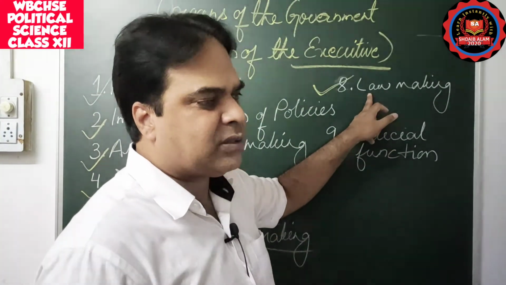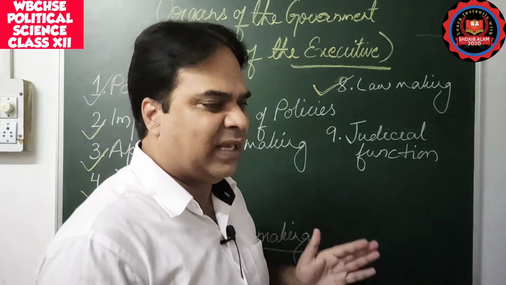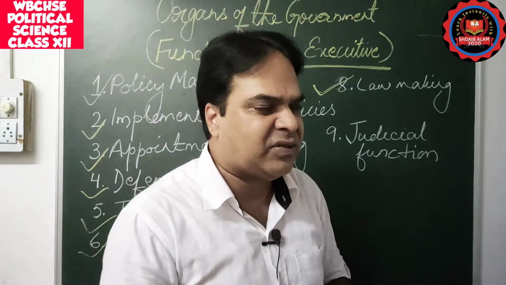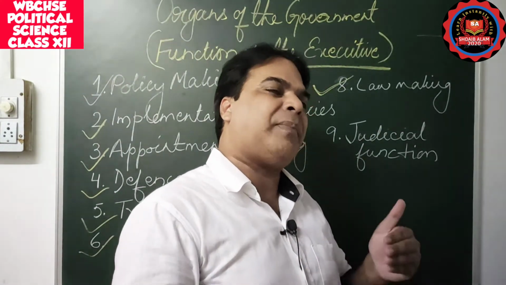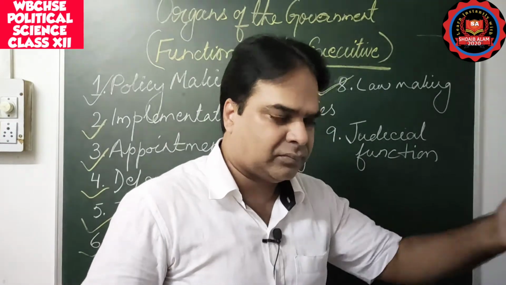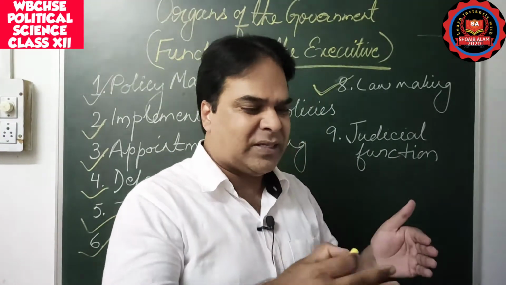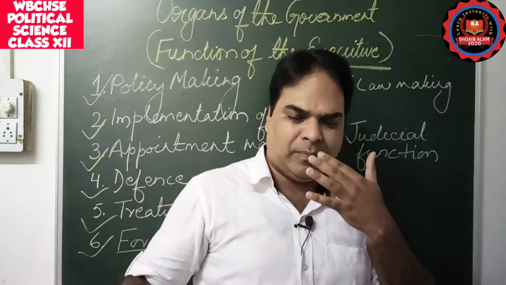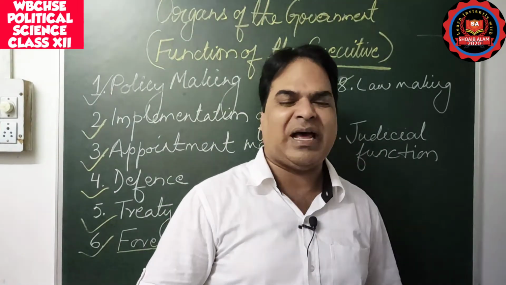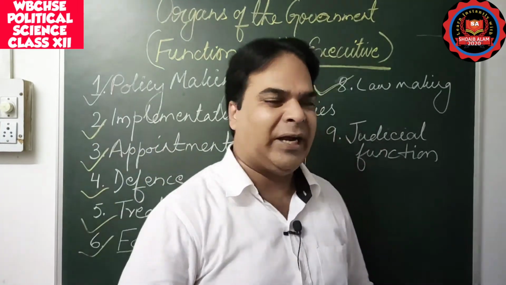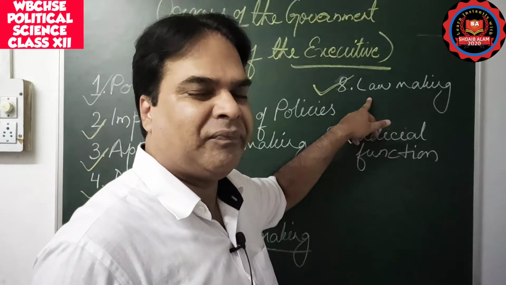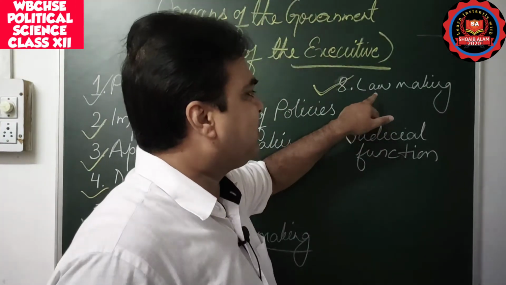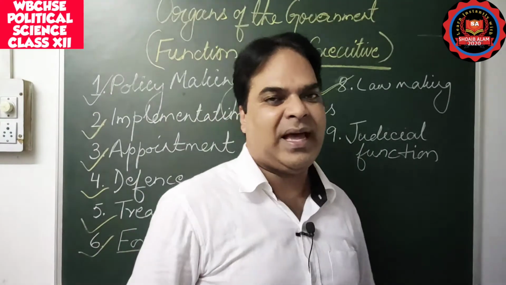Law in the first phase is in the form of a draft, and once it is passed by the houses, it goes to the president. After being signed by the president, it will become an act. So that is the law making process of the executive.